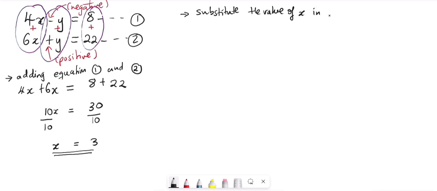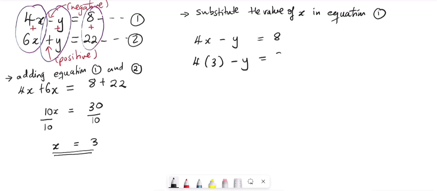So I'm going to take equation 1. Now we're going to write our equation 1, 4x minus y equals 8. When you're substituting, I'll advise you to use brackets. So in place of x we put 3: 4(3) minus y equals 8.